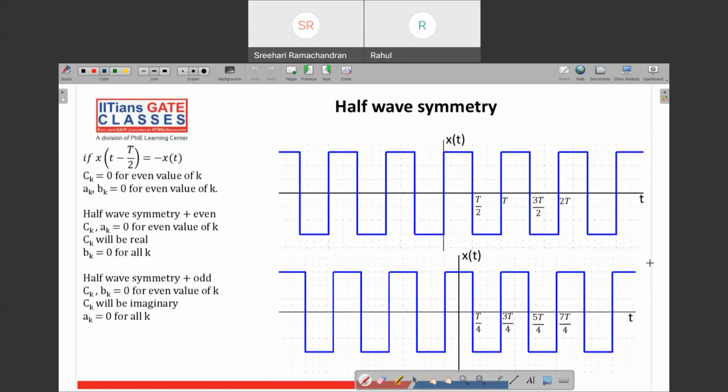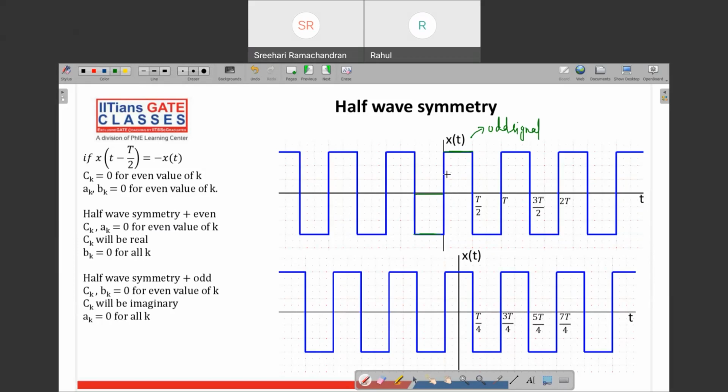Okay. So I have shown one example here. So the first signal, if you see, this signal is an odd signal. Whatever is there for positive time is positive, and for the negative of that time, it is having the negative value.